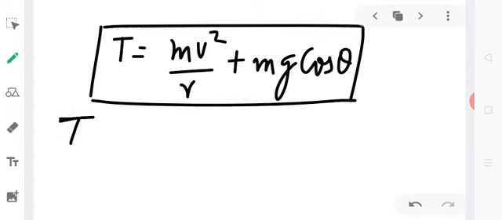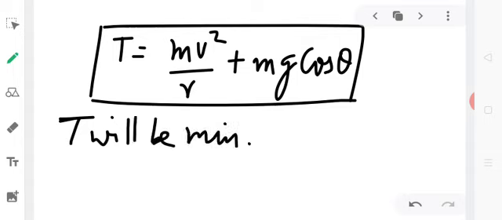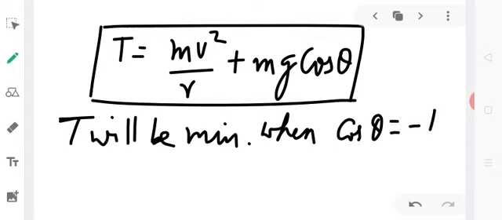T will be minimum when cos theta is minimum, that is cos theta is equal to minus 1 or theta is equal to 180 degrees.